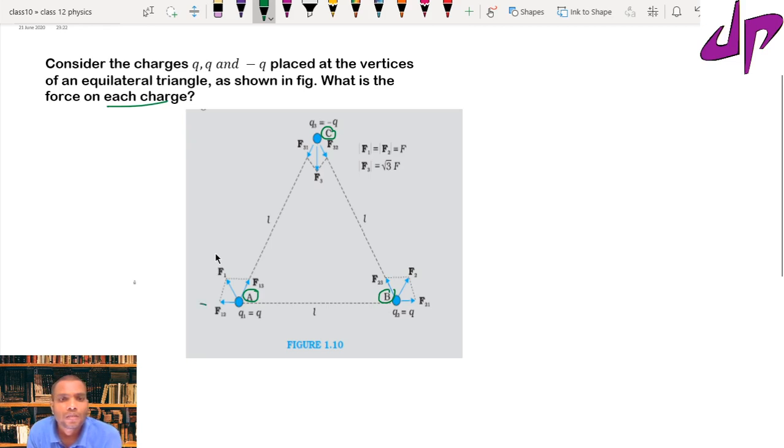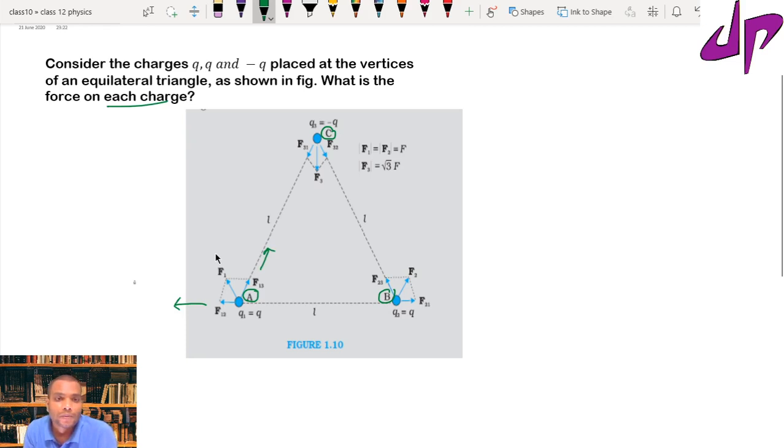So this is the direction of the force at A due to B. Similarly, the force on A due to C. Here A is positive and at C the charge is negative, so they attract each other. So this is the resultant direction.